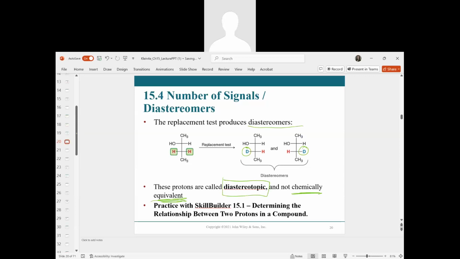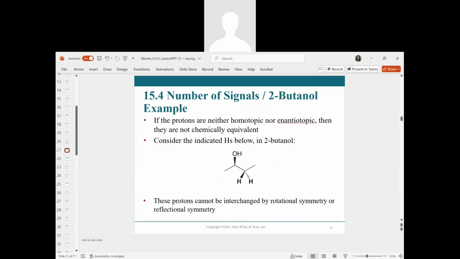And we would see that these would, again, not be chemically equivalent. Diastereomers result, so these are diastereotopic protons. So again, if we go to our flow chart and we decide that we do not have homotopic nor enantiotopic protons, then we would consider these chemically distinct, not chemically equivalent.